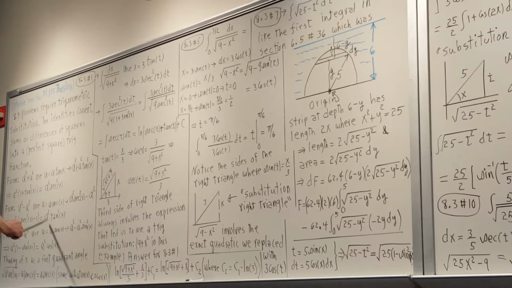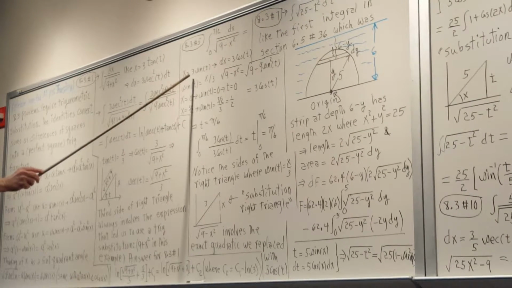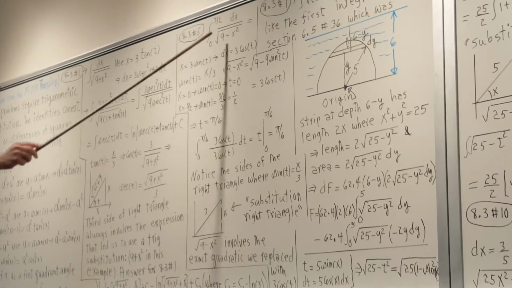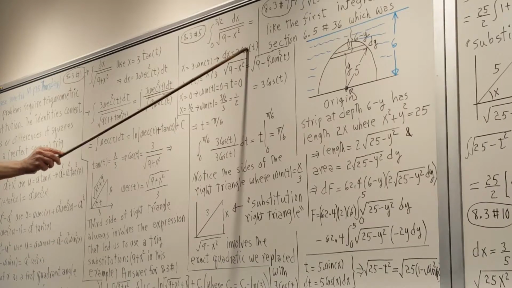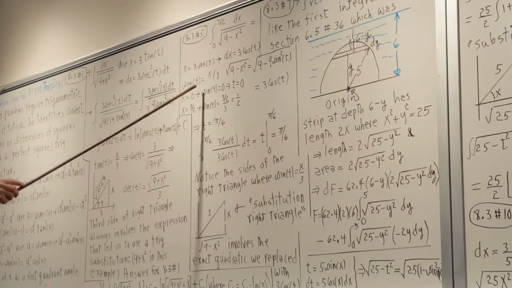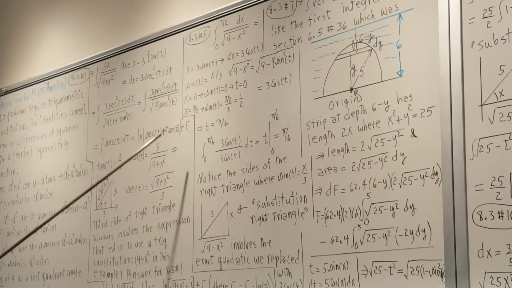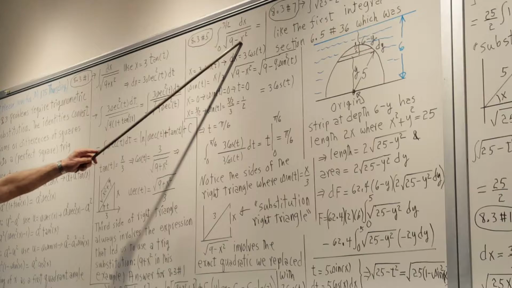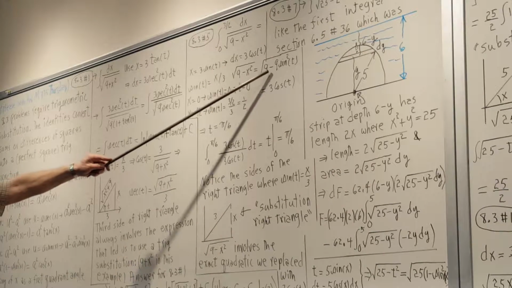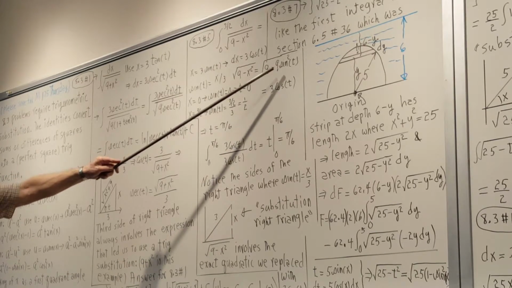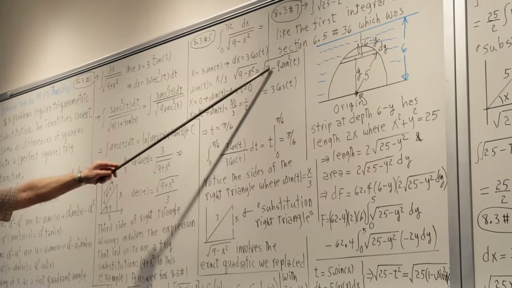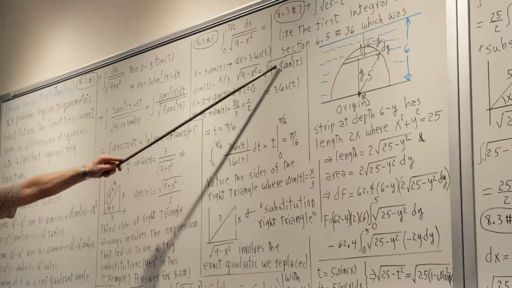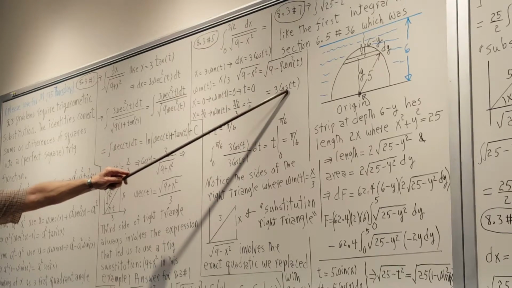So based on what I said back, I would take x as 3 sine t, then your dx is going to be 3 cosine t, and then your 9 minus 9 sine squared is going to be in here as a 9 cosine squared, and then when you take the square root of 9 cosine squared, you're going to get 3 cosine.